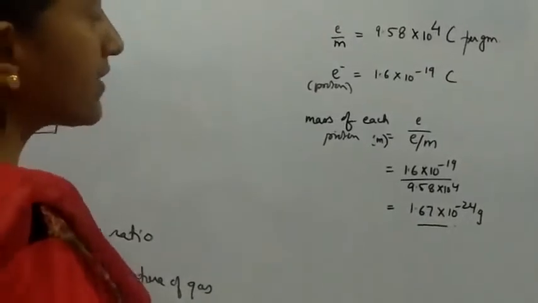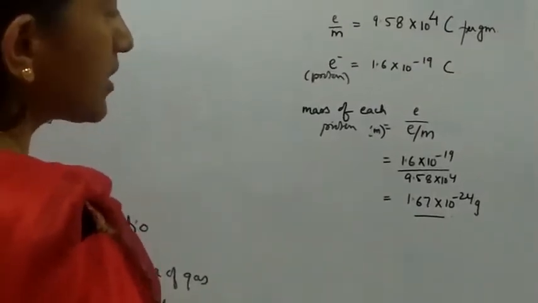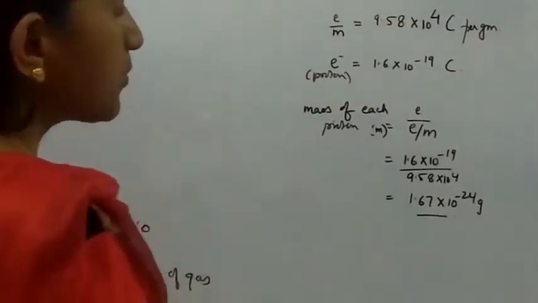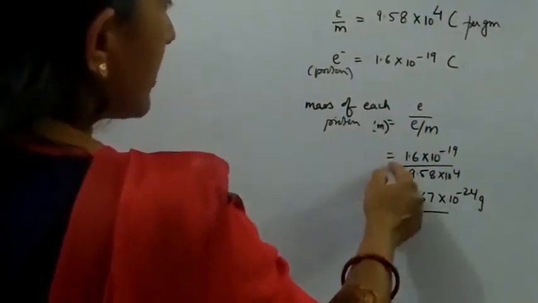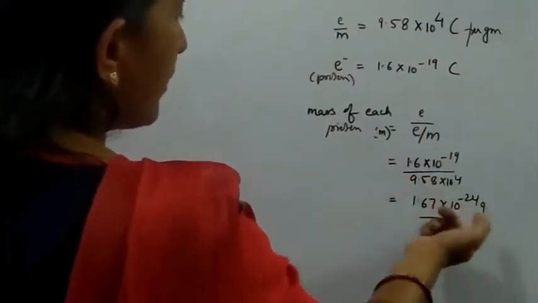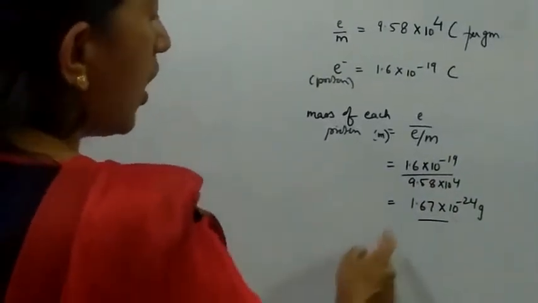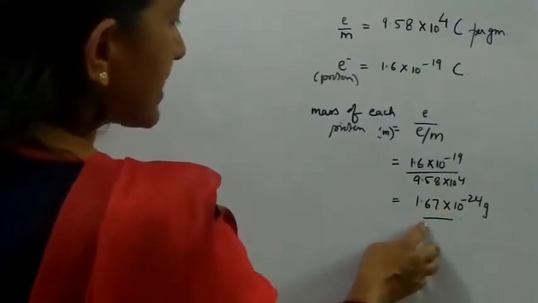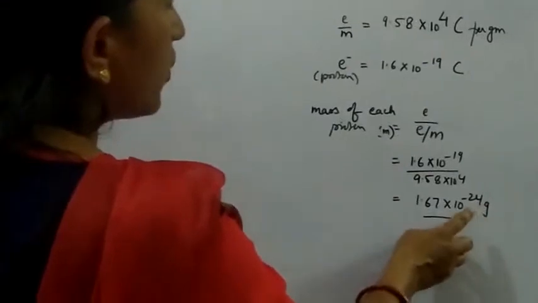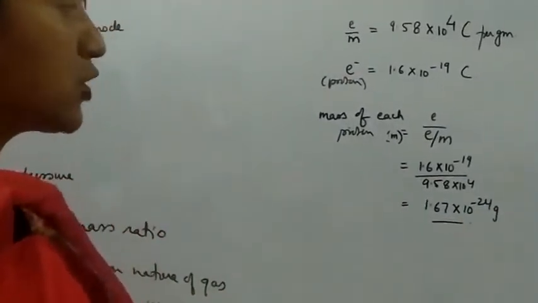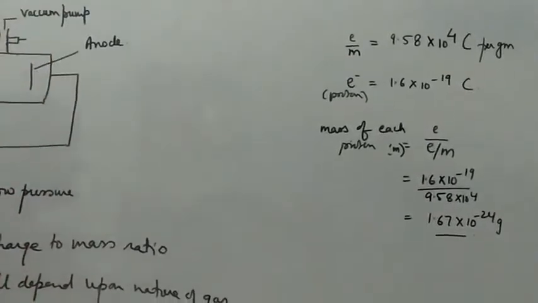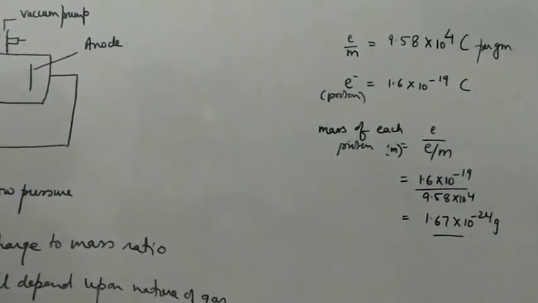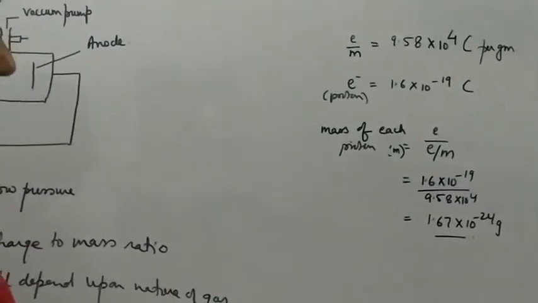The electron has a negative sign, here the proton will have a positive sign, and the mass of each proton will be given by e/m. It is 1.6 × 10^-19 upon 9.58 × 10^4. On cancelling out, we get 1.67 × 10^-24 gram as the mass of each proton, and it is found to be the same as that of the hydrogen atom.